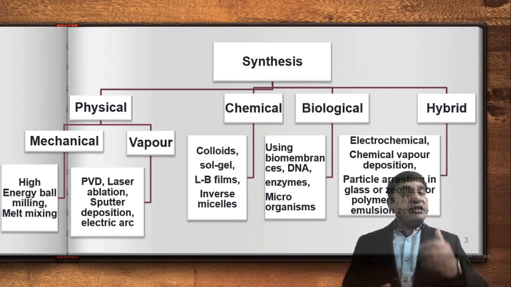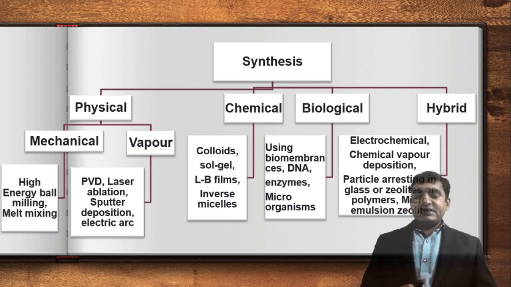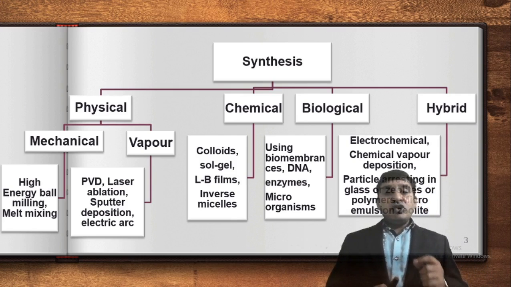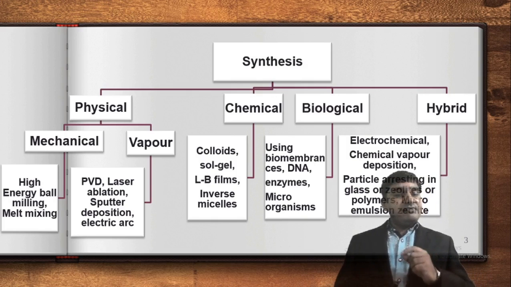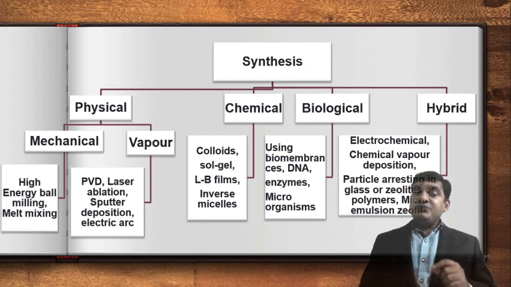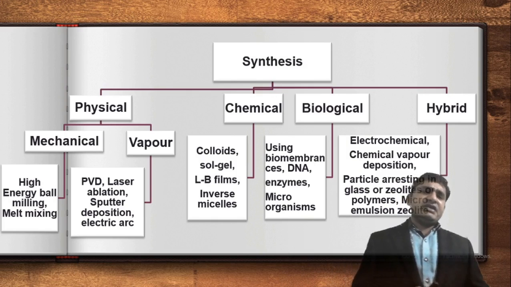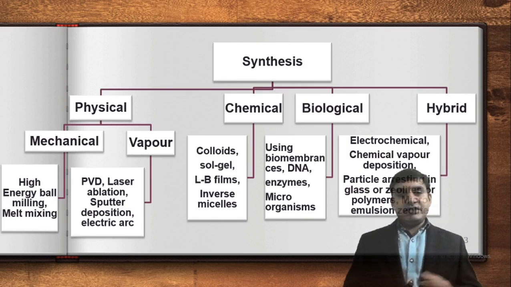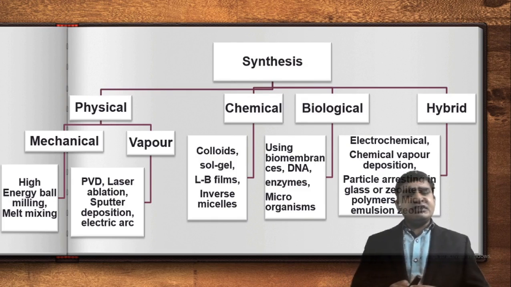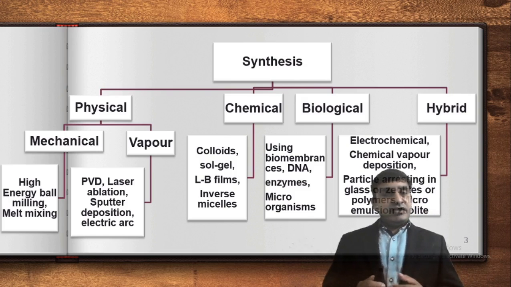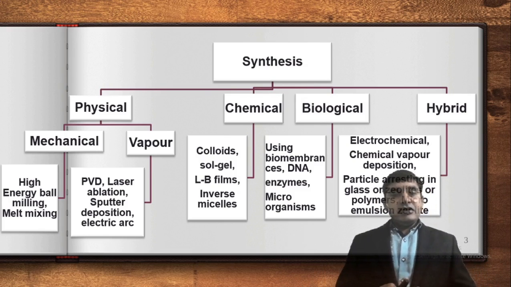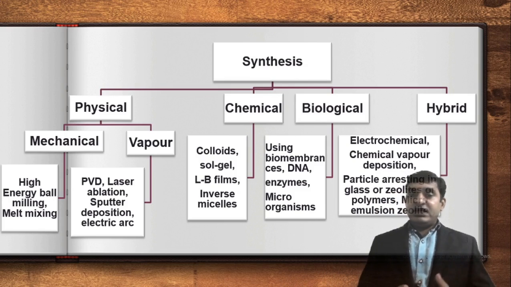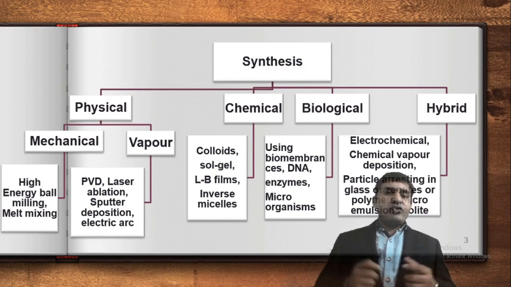While considering the chemical synthesis method, there are colloids, sol-gel method, LB films, inverse micelles. These are the chemical synthesis methods. Then in the biological synthesis method, we can prepare the nanoparticles by using biomembranes, DNA, enzymes, and microorganisms.